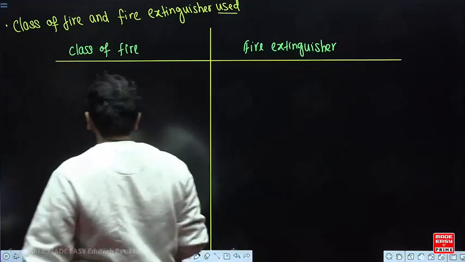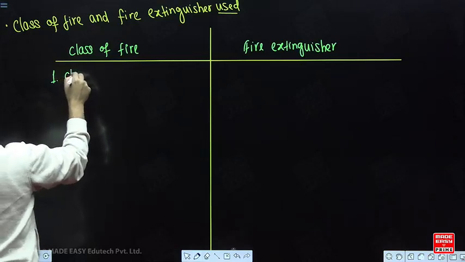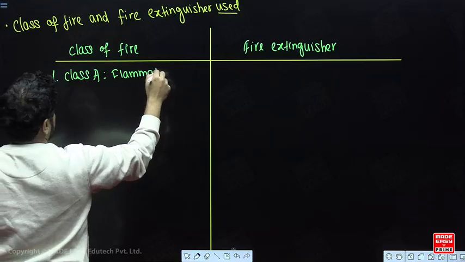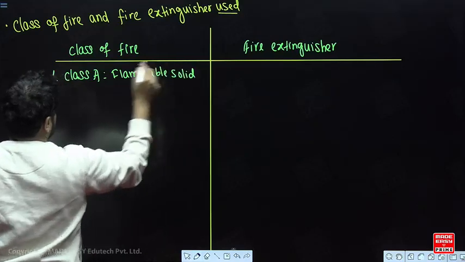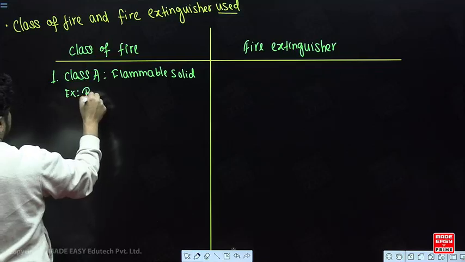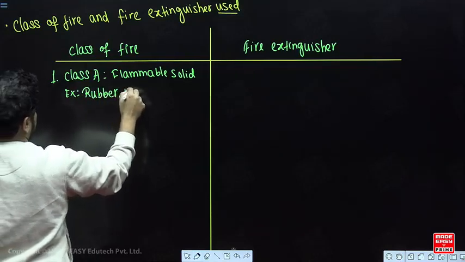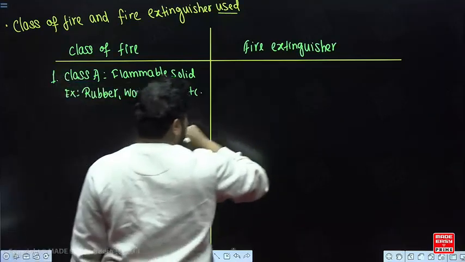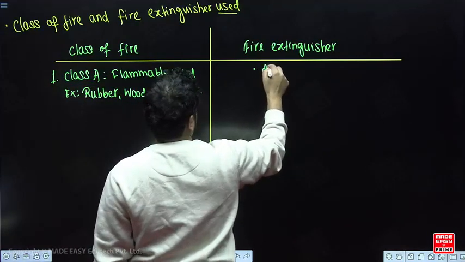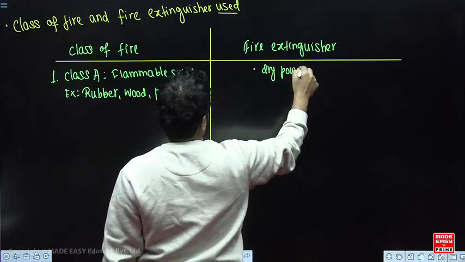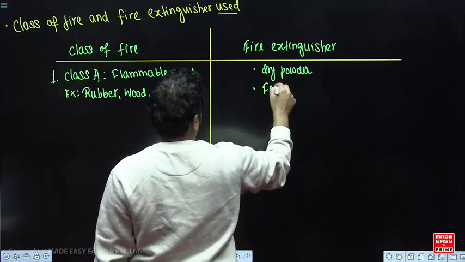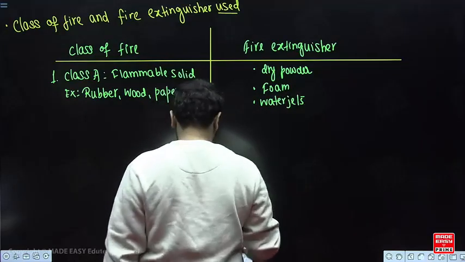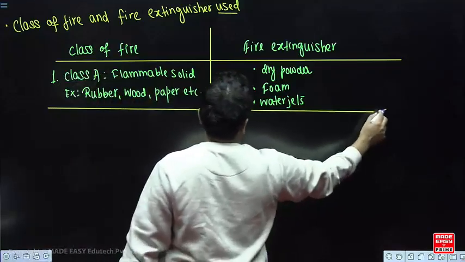Right, so the first one is your class A. Class A means flammable solid, for example rubber, wood, paper, etc. For this we use dry powder, foam, and water jets to extinguish fire. This is the first one.